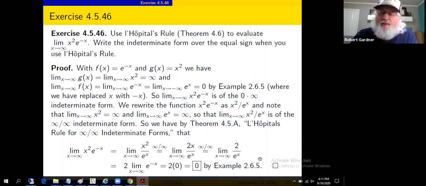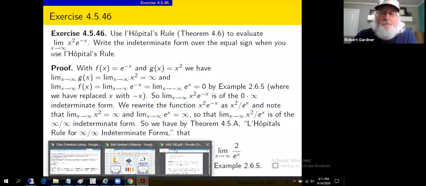That was dealt with in a previous example. You know the limit as x approaches infinity of e to the negative x is 0 from that example, or if you think about asymptotes of the appropriate exponential function. So we get a limit of 0 in this one. We've applied L'Hopital's rule twice, and this is an illustration of an infinity over infinity indeterminate form.